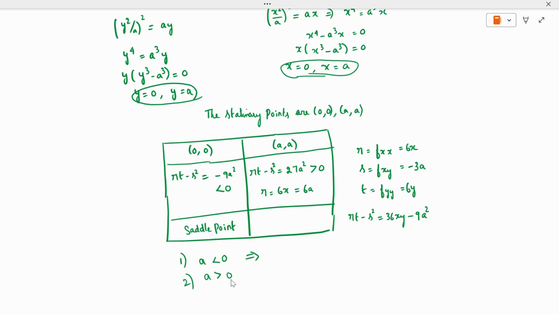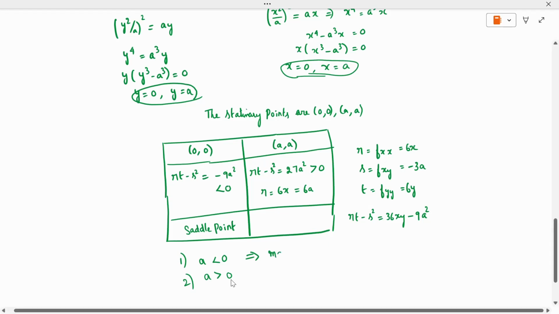In that case the point will be a maximum point. Same way, when a is greater than 0, I'll be getting a minimum point.